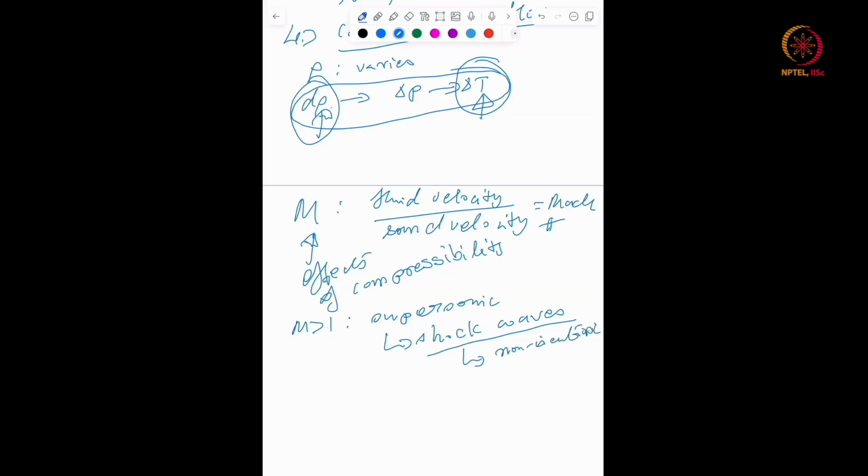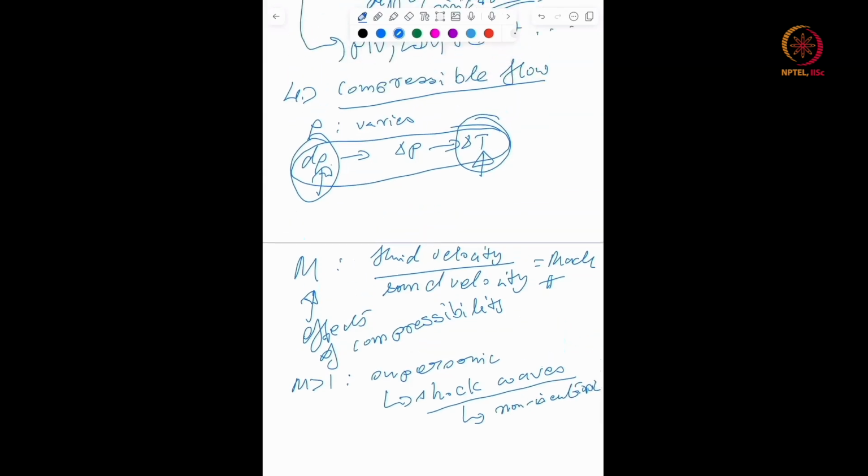As you can understand, when dealing with compressible flow, if you neglect friction, this becomes what we call isentropic flow.